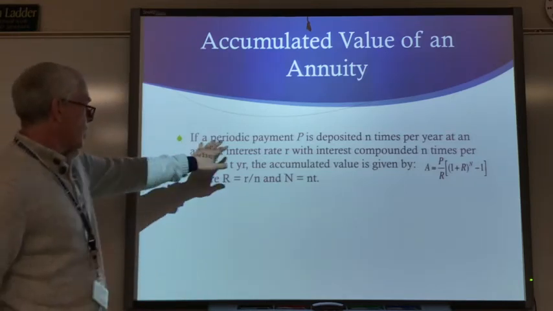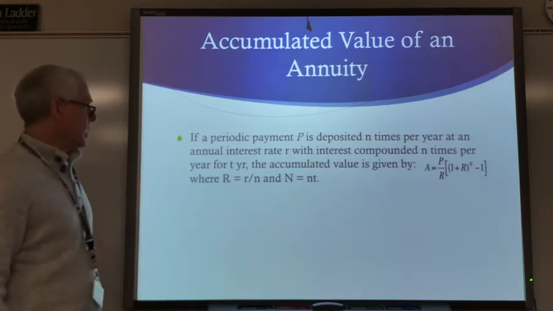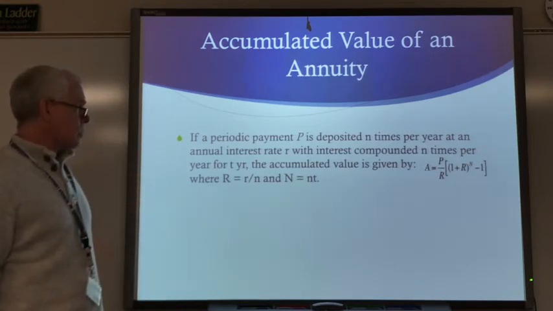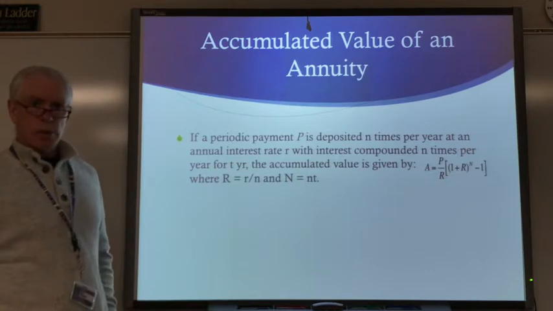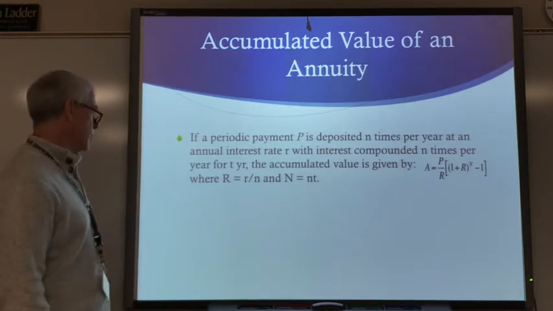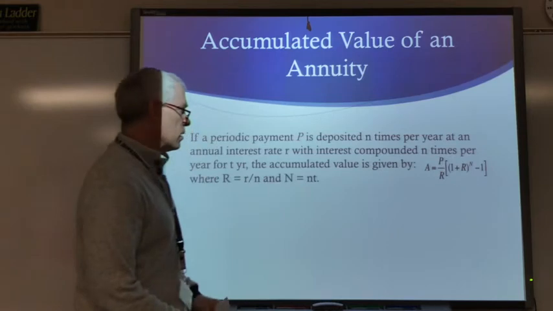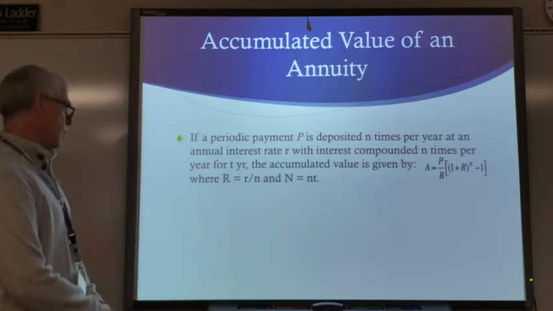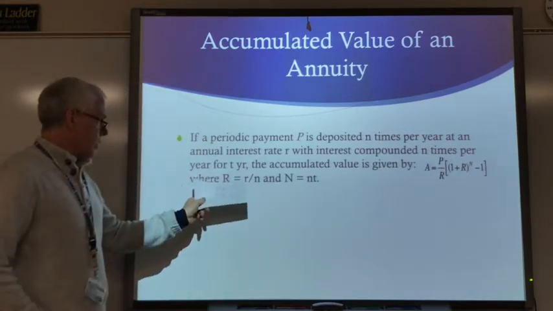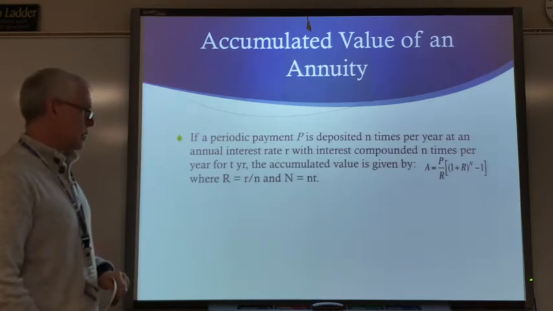Okay, so if a periodic payment P is deposited, so that would be the $50 that I put every month, N times per year, so if it was monthly, N would be 12, etc. At an annual interest rate R, with interest compounded N times per year, the accumulated value is this formula. P over R, 1 plus R to the N minus 1, where big R is that R over N, and big N is N times T.